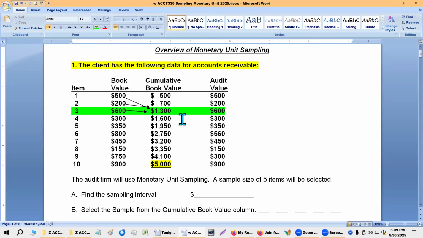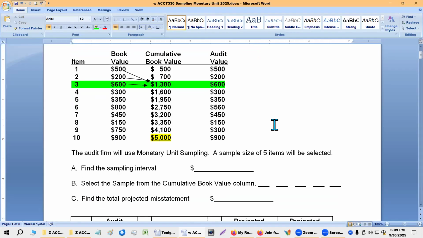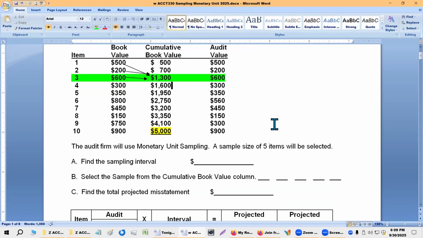Which one crosses the $2,000 mark? 6 crosses 2,000. 7 crosses 3,000. So yes, we do have 7 in there.